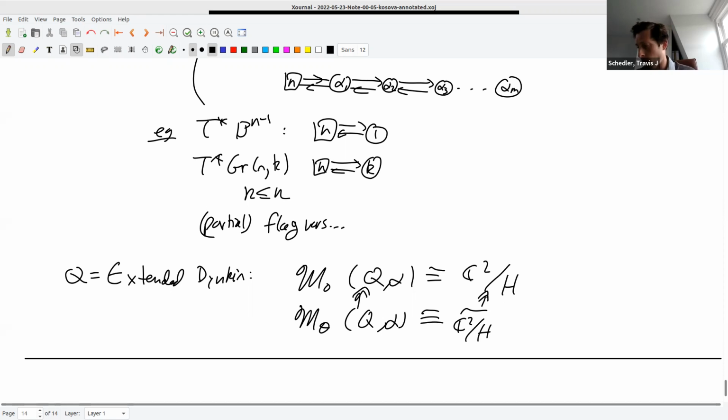So I guess there's a whole tropical story related to this. Yeah, it's like you want to bring everything to combinatorial data, and then you work with some sort of polyhedral objects, and some information is preserved in such a way that you can answer questions about the classical problems.